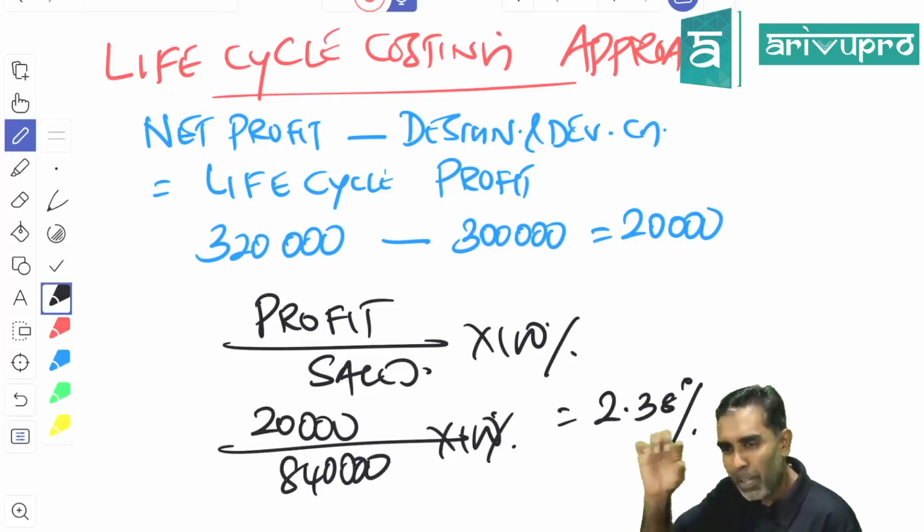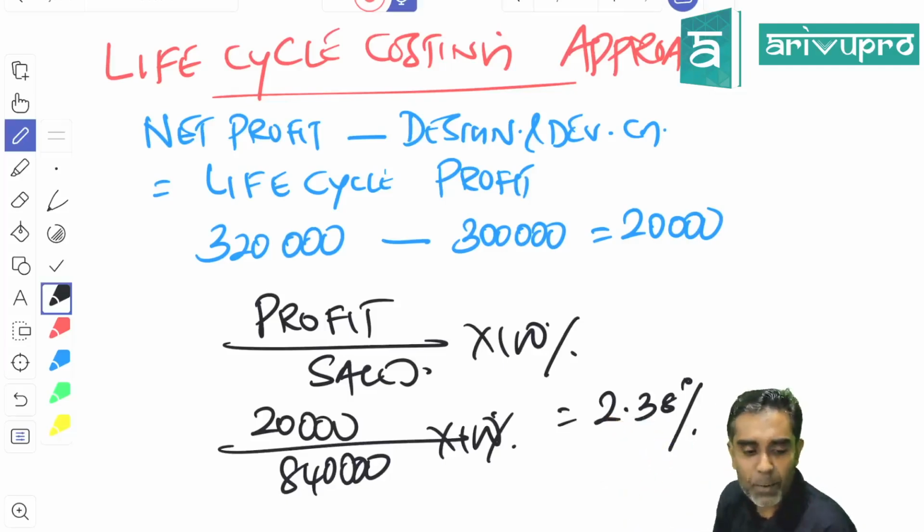Therefore, last point, only the one sentence, just take down.